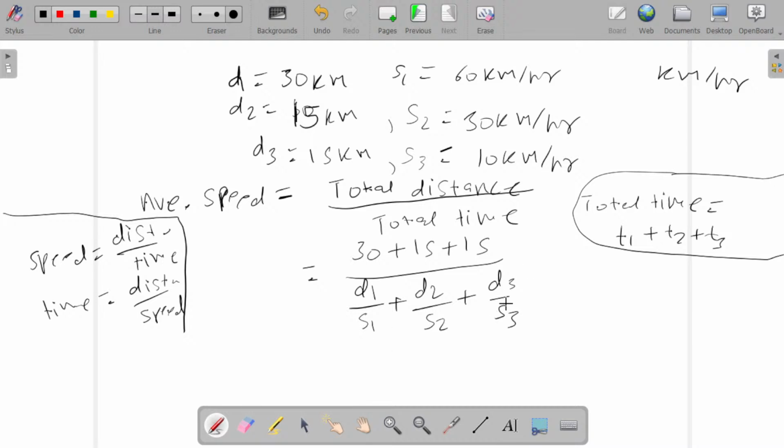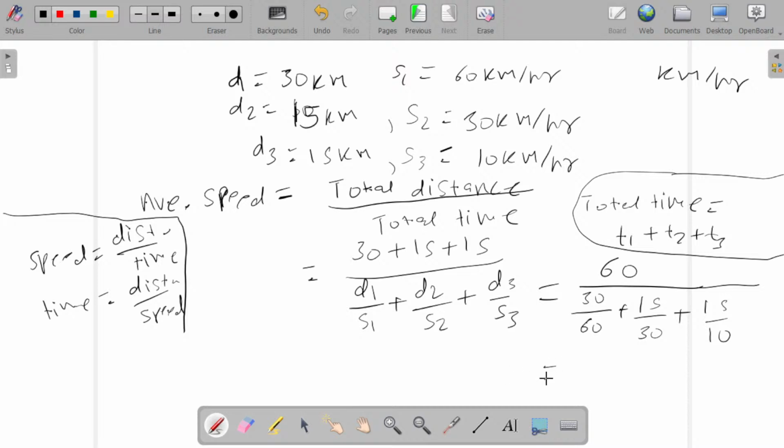Okay, so let me move forward. 30 plus 15 plus 15 will be 60, and it's d1 30 by s1 60, plus d2 15 kilometers by s2 30, plus d3 15 by speed 10.